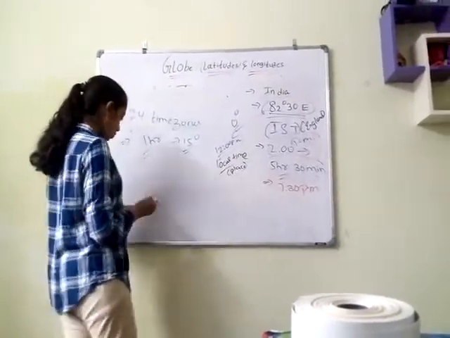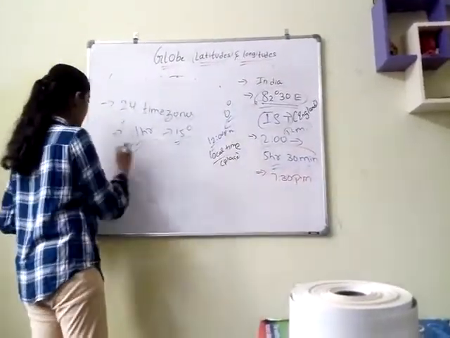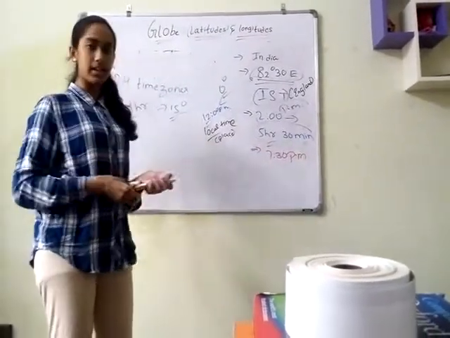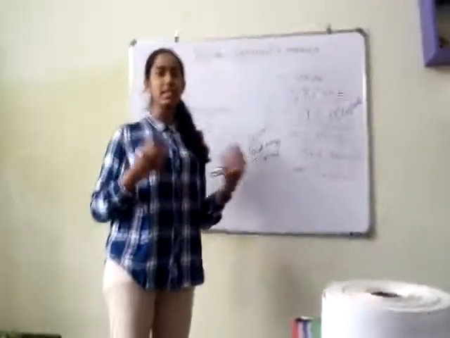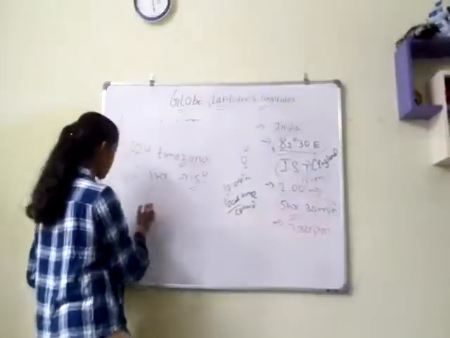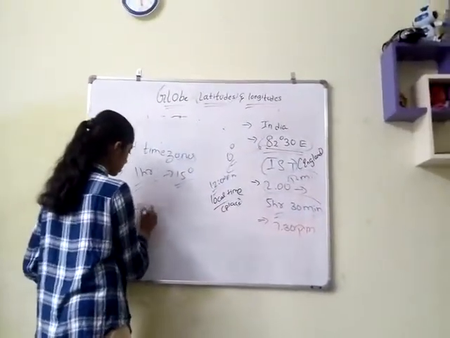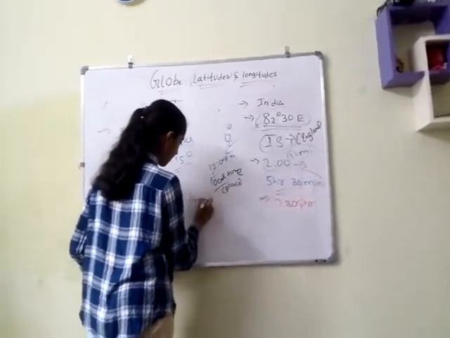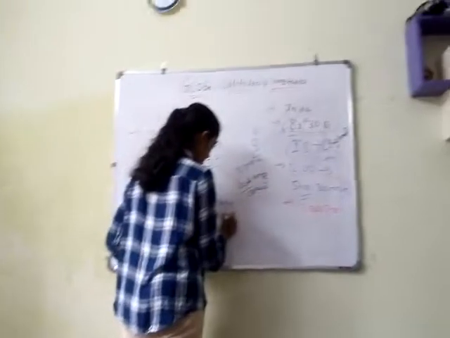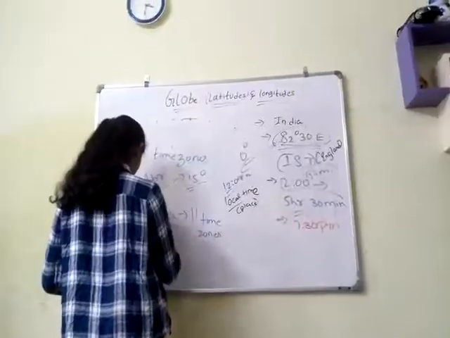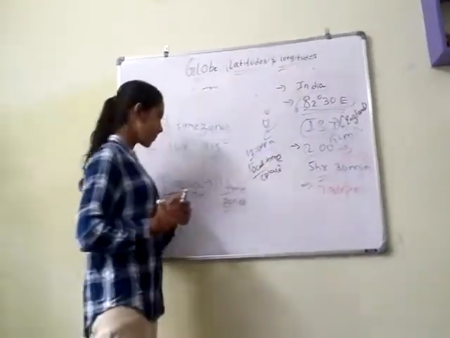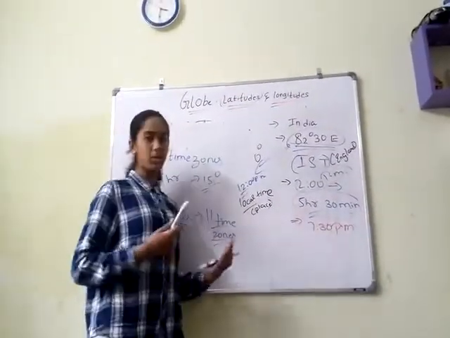Some countries have a great longitudinal extent, so they have many standard times. For example, Russia has 11 time zones. Now, this is about this lesson.